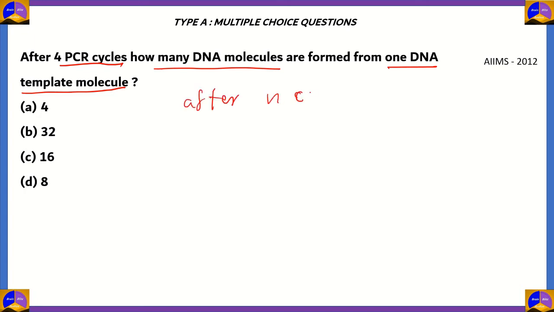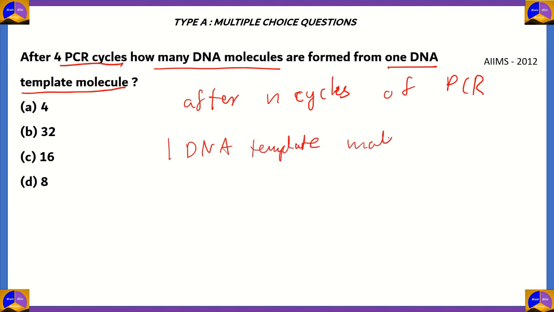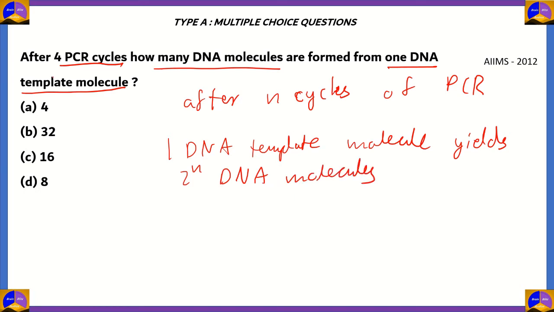Suppose you have completed n cycles of PCR from one DNA template molecule. You can see that one DNA template molecule yields 2 raised to n DNA molecules. So over here, n is the number of cycles.